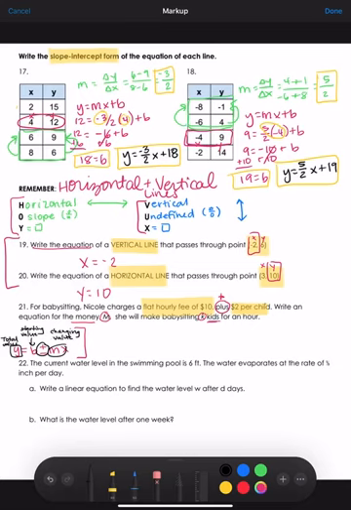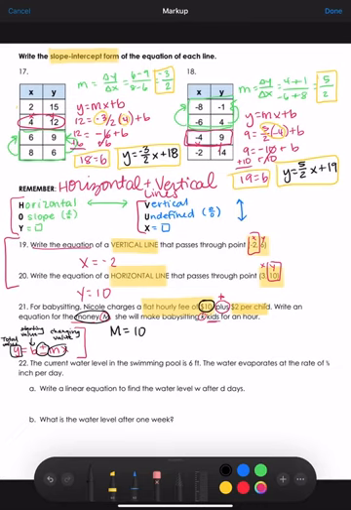So when we look at it in the context of this problem, our total value that we're solving for is the money that Nicole makes or charges when she's babysitting, this M value. So that's going to be our Y. M equals the total money she makes equals, well, her starting value or her constant value is $10. She's going to make $10 no matter what.